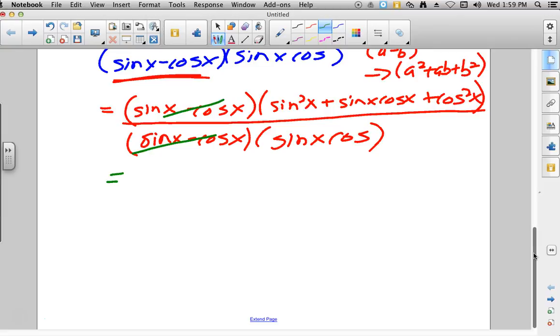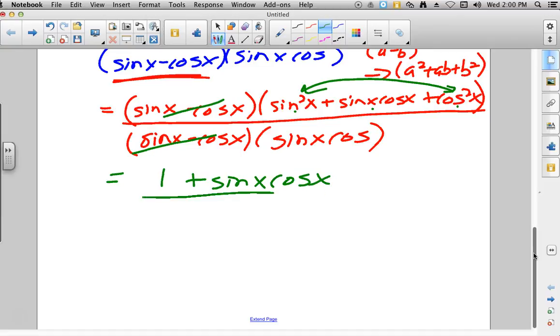So now, what on earth are we going to do with sine squared x plus sine x cosine x plus cosine squared x? Well, we're going to put these two together and make that a 1. And now, we want to see what this is. And what we want to do is separate it out to see if we can get it to match.